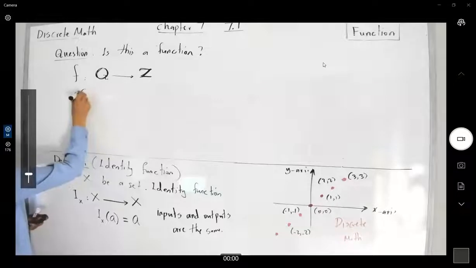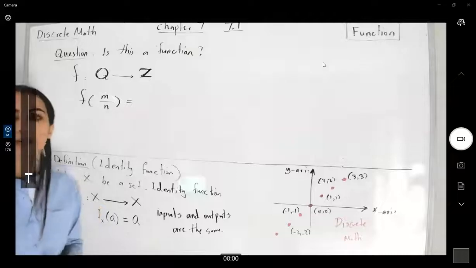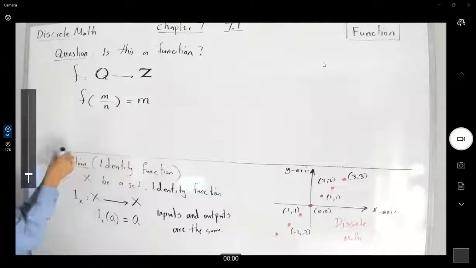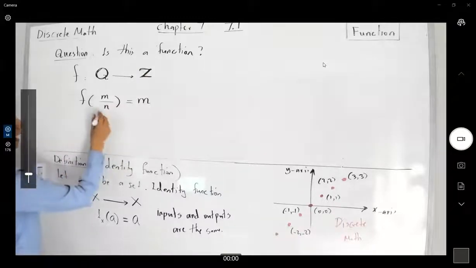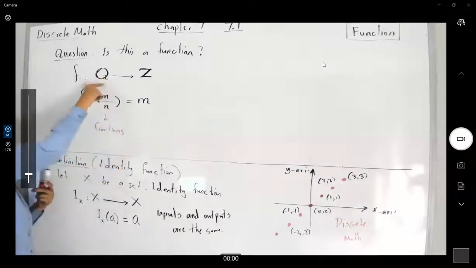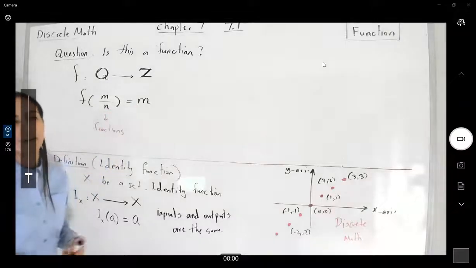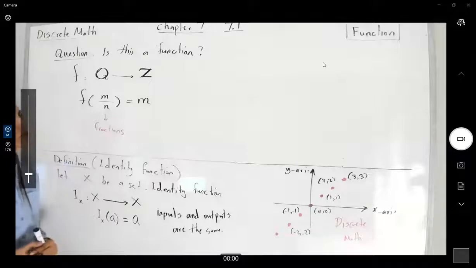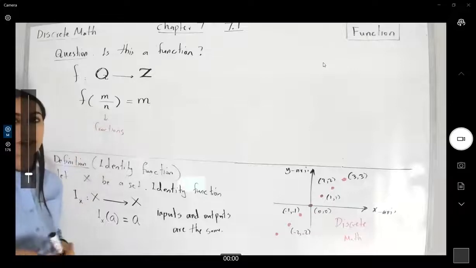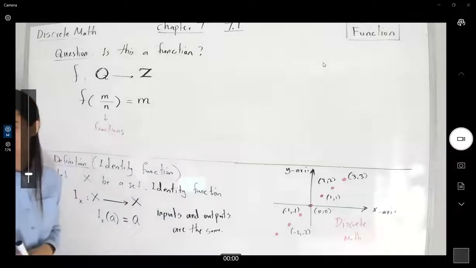I'm going to say, hey, f takes fractions, these are fractions from the rational set, and the output values are the numerators. So as my colleagues, do you think this is a function? If not, help me. What's wrong with this?